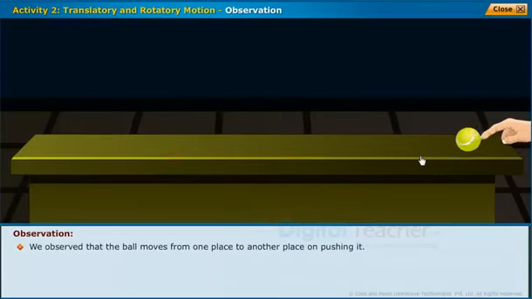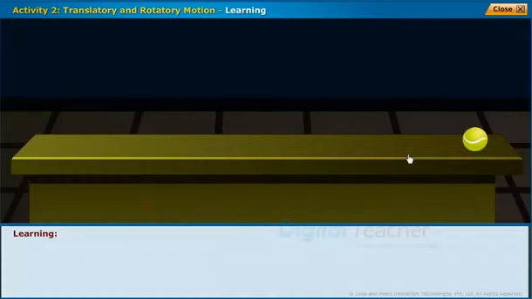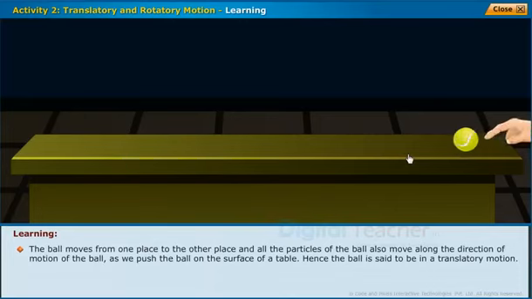We observed that the ball moves from one place to another place on pushing it. The ball moves from one place to the other place, and all the particles of the ball also move along the direction of motion of the ball as we push the ball on the surface of a table.